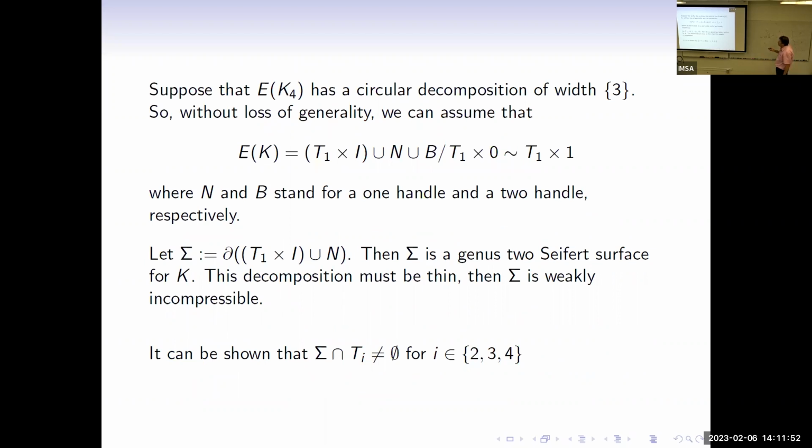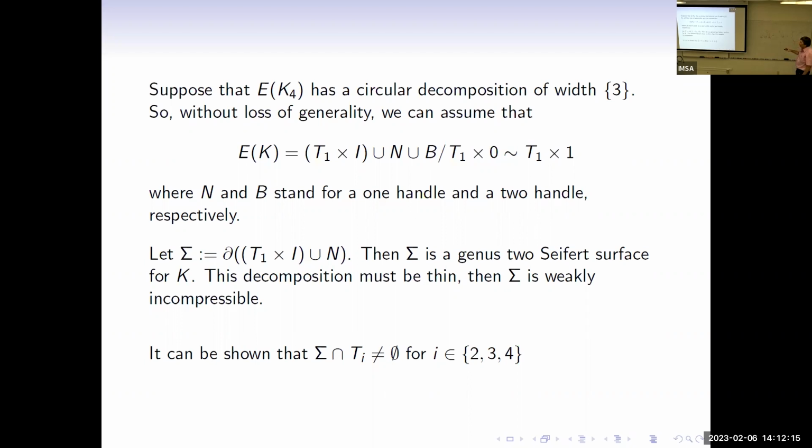so now to prove, suppose that the exterior of K has a circular decomposition of width 3. If it's not almost fibered, you must have one 2-handle. Then we can assume that the exterior can be obtained by the fiber surface T1, one 1-handle and one 2-handle.